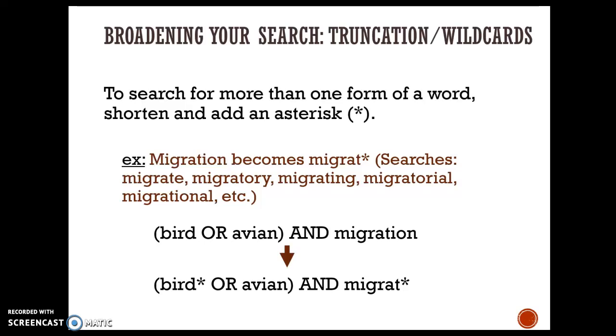Maybe the articles that you need to find are using slightly different keywords or slightly different forms of the root word. So you might want to strategically use truncation in order to search for various forms of the word that the authors might use. Again, be careful with this.